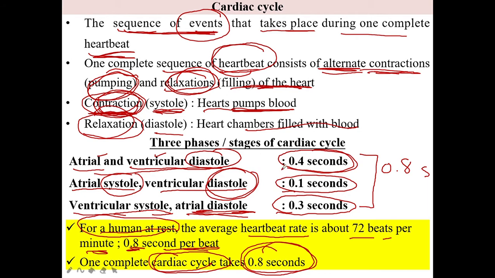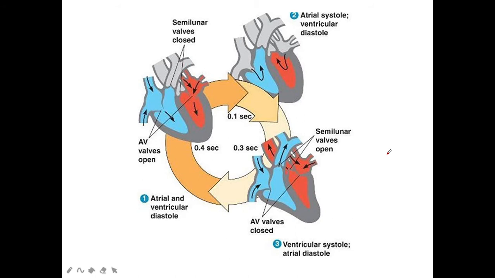So 0.4 second atrial and ventricular relax, 0.1 second atrial contract, ventricle relax, 0.3 second ventricle will contract, atrial will relax. So total satu complete heartbeat or one complete cardiac cycle will take 0.8 second. Alright, so this one summary-nya lah.